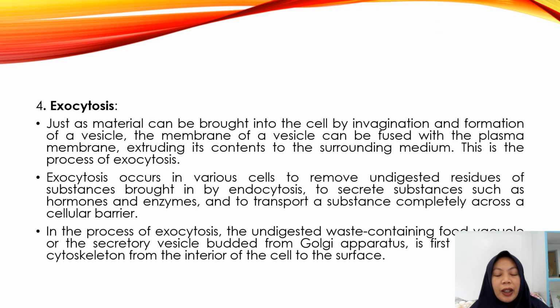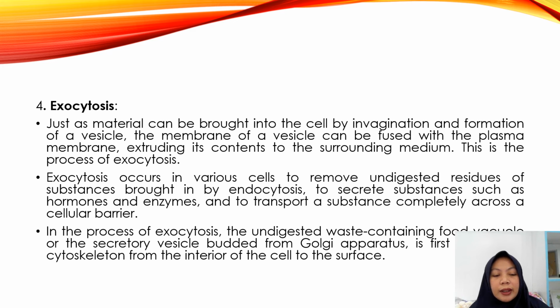Okay, so the fourth function of the cell membrane is exocytosis. This is the opposite of endocytosis. The substance is brought into the cell by invagination and formation of a vesicle, and then the membrane of the vesicle can be fused with the plasma membrane, extruding its content to the surrounding medium. This is the process of exocytosis.